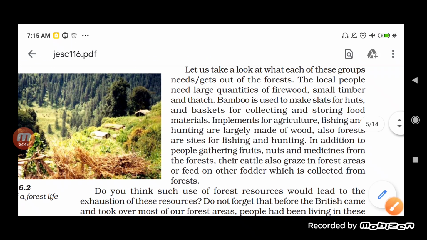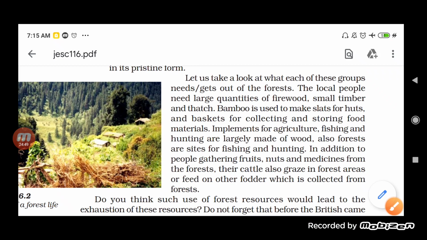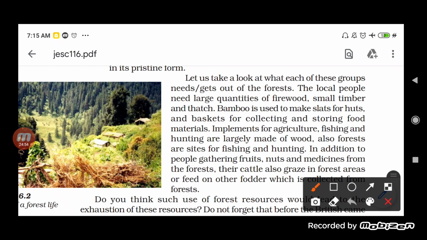The local people who live in the villages around the forest need the forest products because they take firewood as fuel from the forest trees, and they need a large quantity of firewood. They need small timber and thatch. Bamboo is used to make slats for huts. They need the bamboo in order to make their huts. Baskets are needed for them to collect or to store food material.